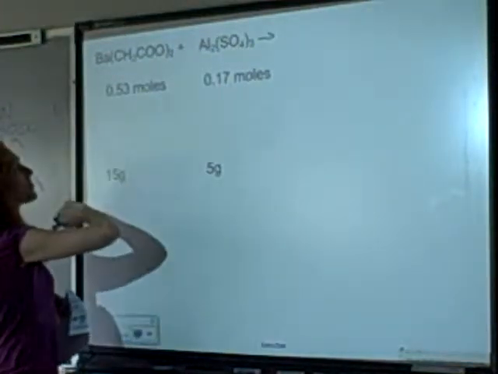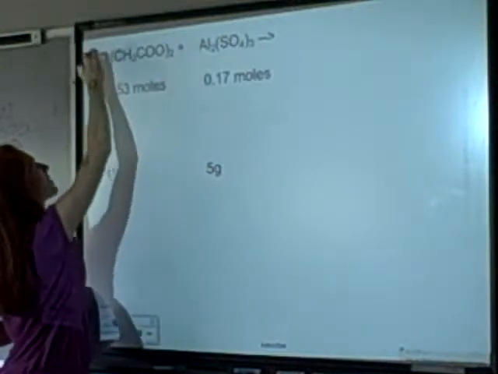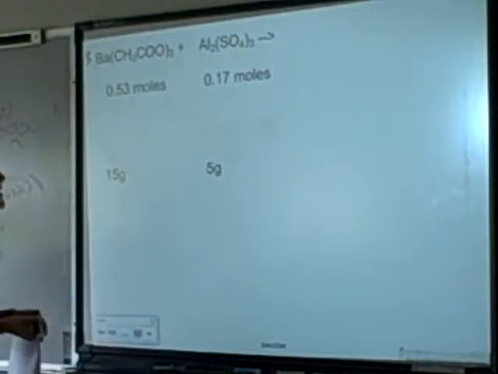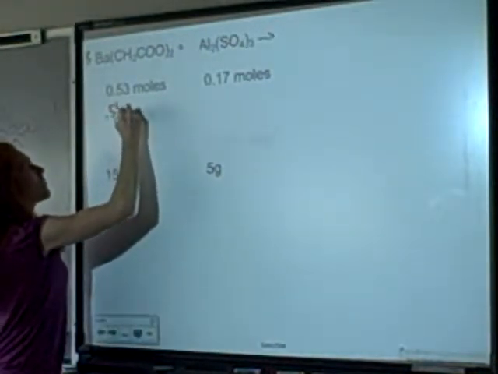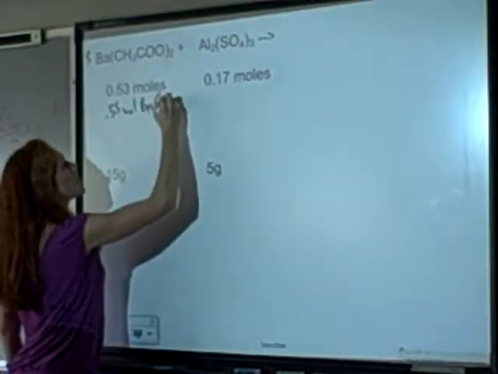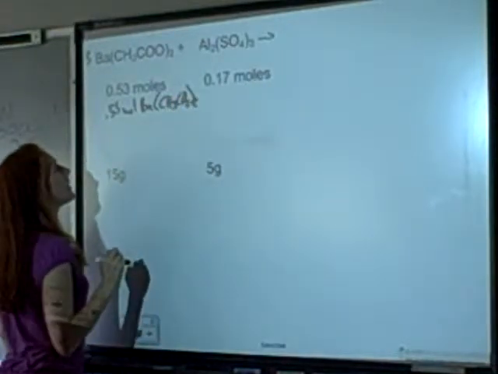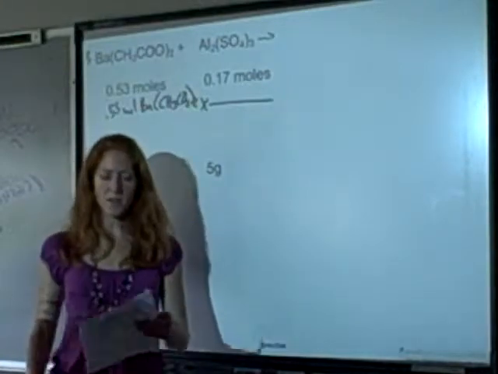Sometimes we'll have to use some dimensional analysis. We just use the mole ratio. We just saw in the last one that for every 1 of these, we have 3 of these guys, so I'm just going to put that mole ratio in. Okay, so in this case I have 0.53 moles of the barium acetate, so CH3CO2, and I'm going to look at how much of the product I can make.